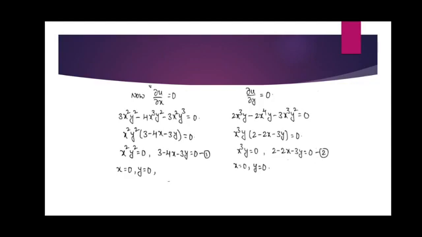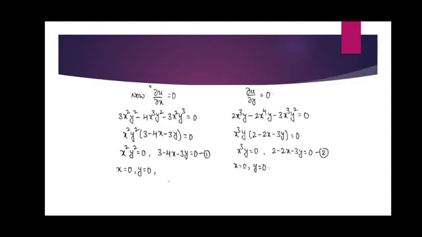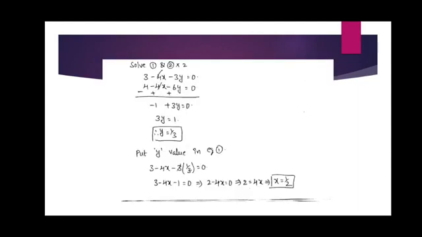We use these equations, solving these equations. For that, first if we see, minus 3y and minus 3y, we can cancel either the x terms or the y terms, anything. Here I make the x terms cancel.